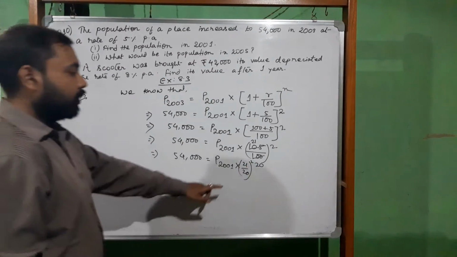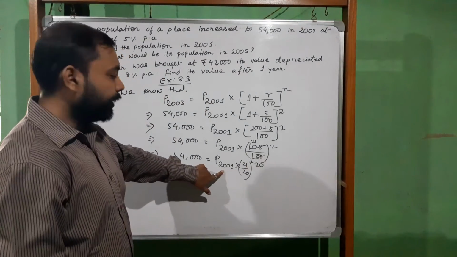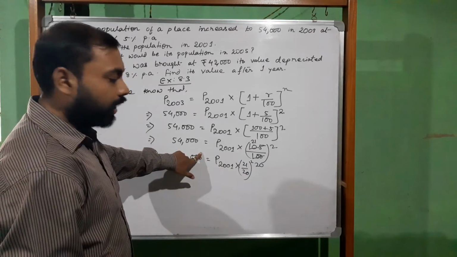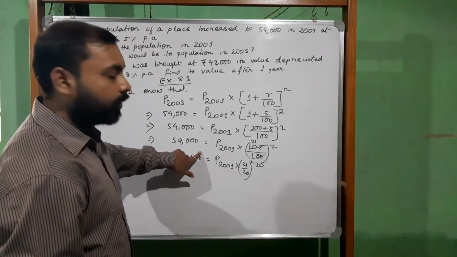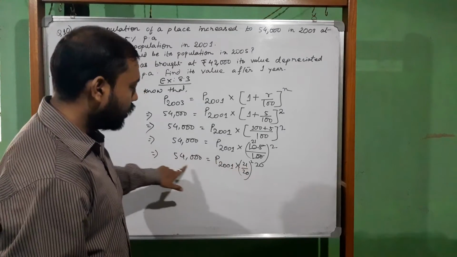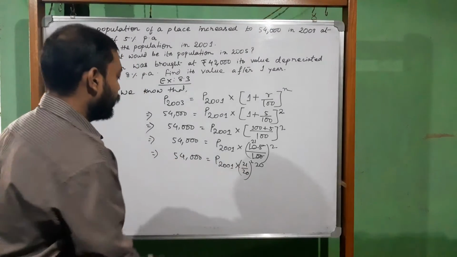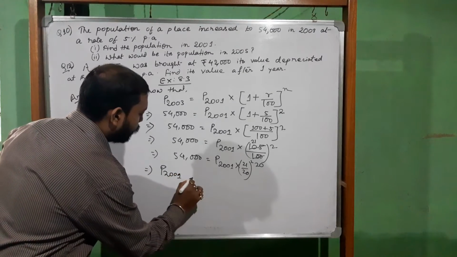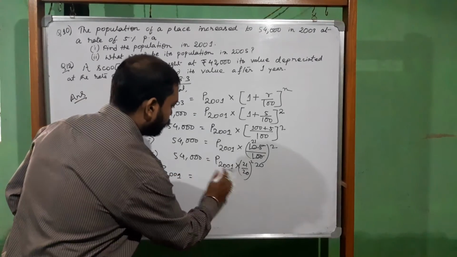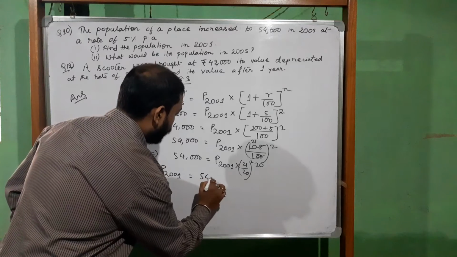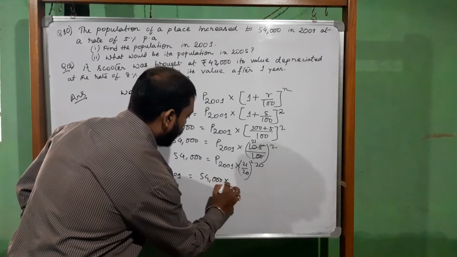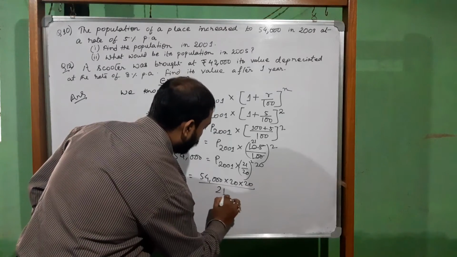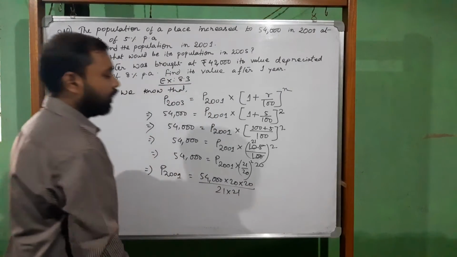Now as you can see, we have to find the value of P2001. So cross multiply. This 20 will go to the numerator and this 21 will come down to the denominator. So P2001 is equal to 54,000 into 20 into 20 divided by 21 into 21.